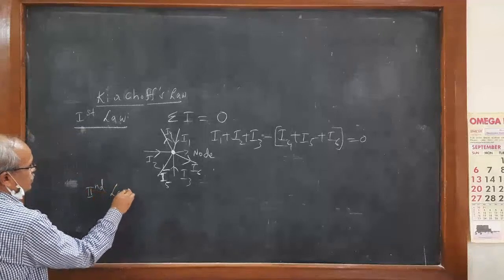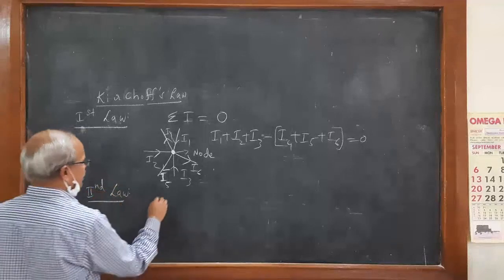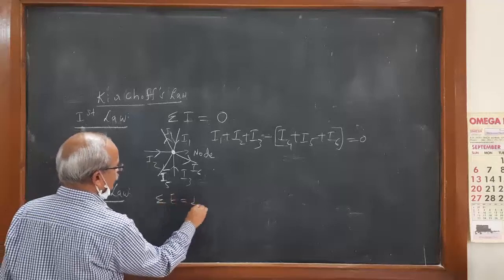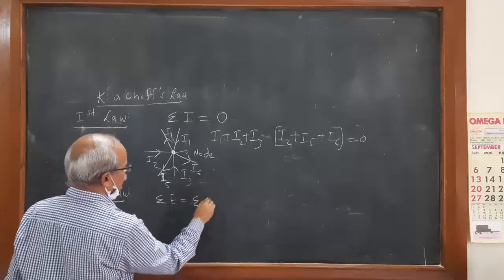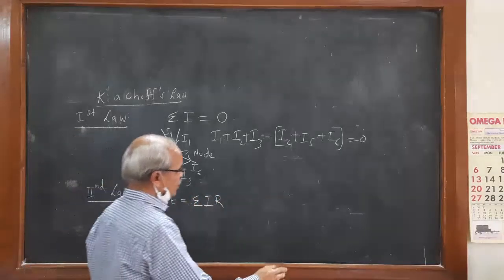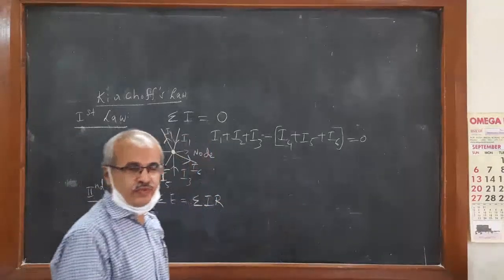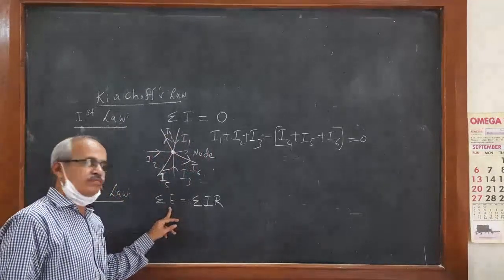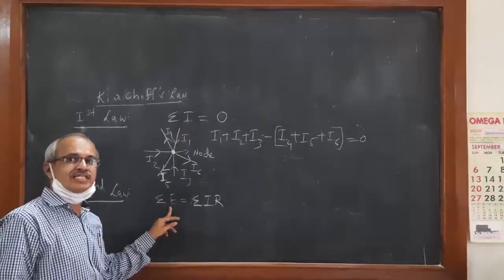of Kirchhoff's says that summation of E is equal to summation of IR. It applies to complicated circuits where more than one cell is connected.